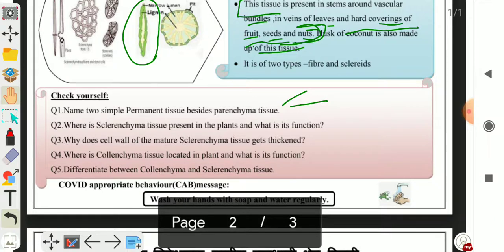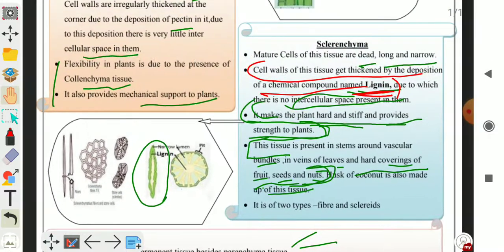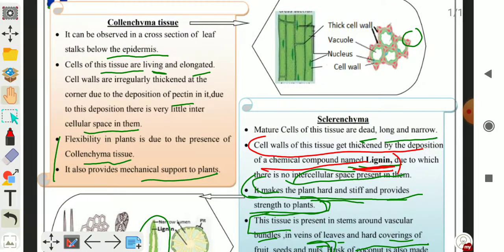Next question, question number 4. Where is collenchyma tissue located in plant and what is its function? It can be observed in cross section of leaf stalk below the epidermis.